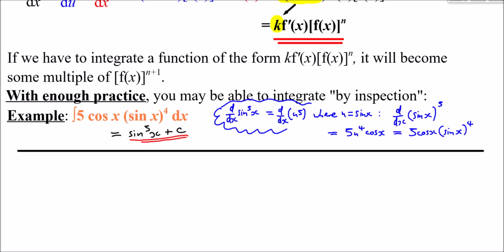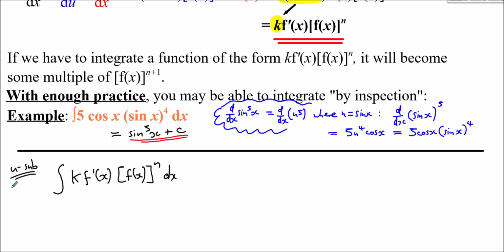So let's imagine we're wanting to integrate k f dashed x, f of x to the power n. So using u-subs, how would you do that? So k f dashed of x, f of x to the n. This is the general idea of why the u-sub works.